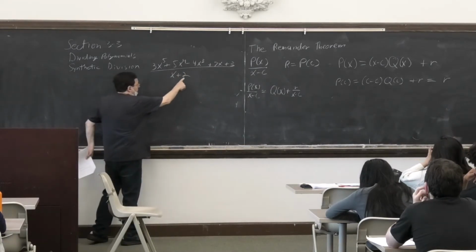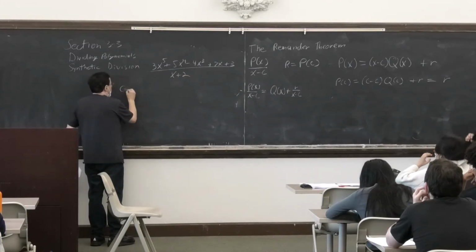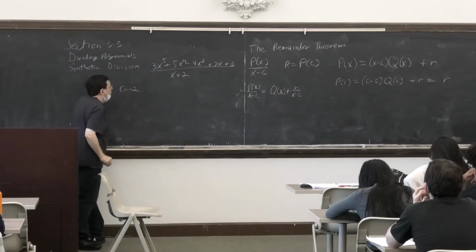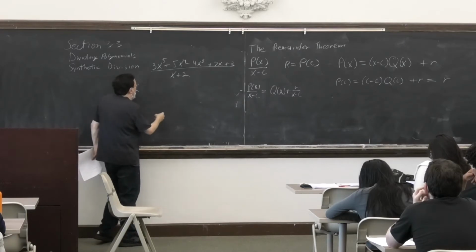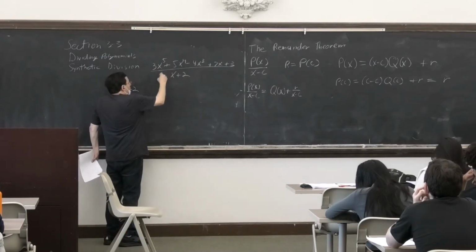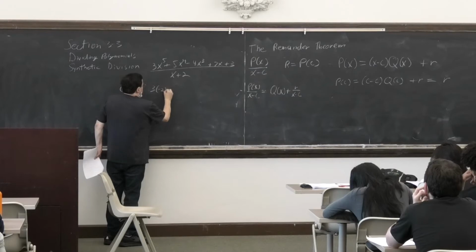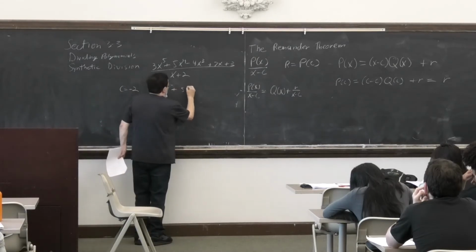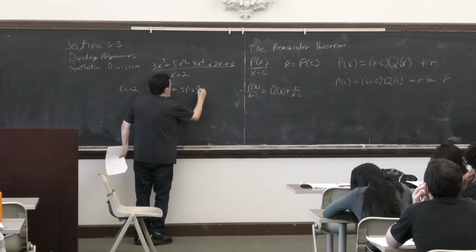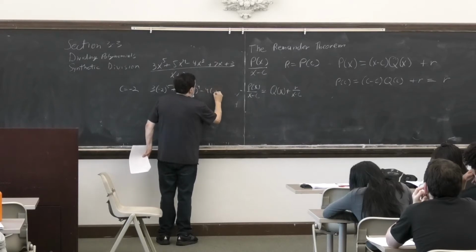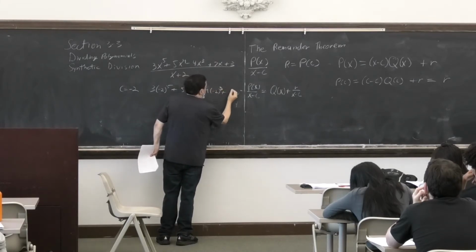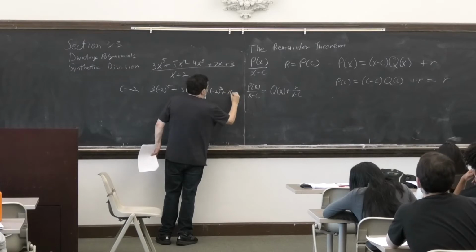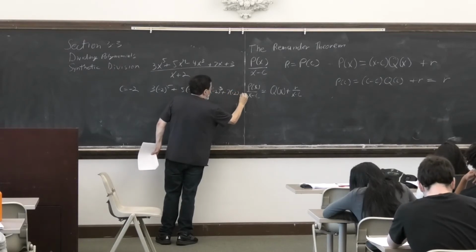Well, our c here is not 2, right? Our c is minus 2. Plug that in. So 3 times negative 2 to the 5th plus 5 times negative 2 to the 4th minus 4 times negative 2 to the cube plus 7 times negative 2 plus 3.